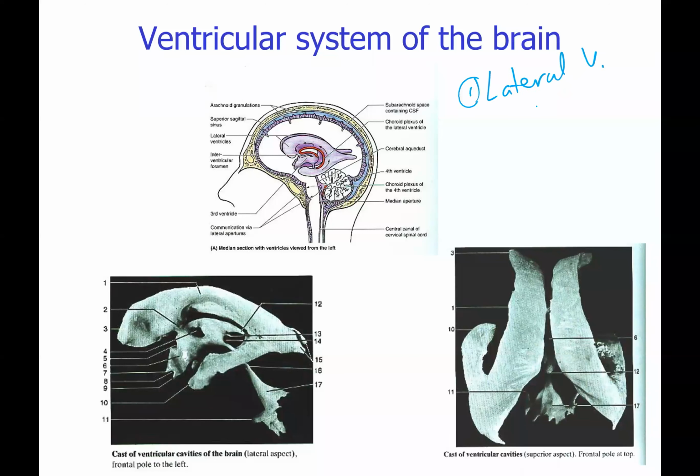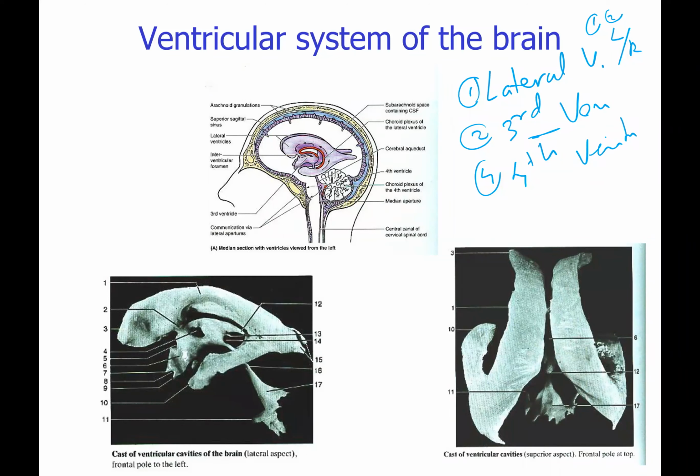One, you have the lateral ventricles. You have a left lateral ventricle and a right lateral ventricle in the two cerebral hemispheres. Second, you have the third ventricle; the left and right are taken as 1 and 2. Then you have the fourth ventricle.